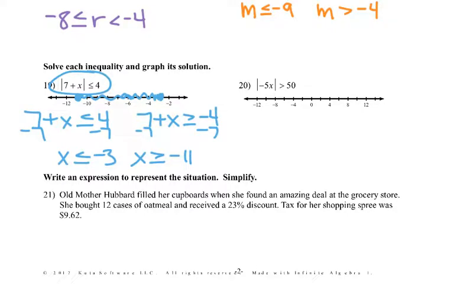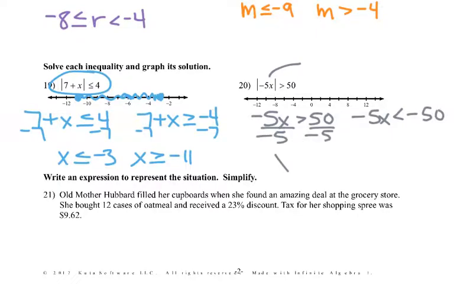Again, I just split this up into 2, drop the inequality, so negative 5x is greater than 50, keep it the same, and negative 5x, make the other side negative, and change the direction of the inequality. But I'm going to divide by negative 5, so actually I change the direction of the inequality again.